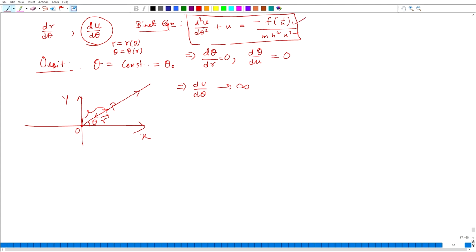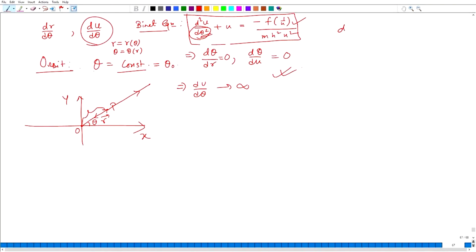It is blowing up. Theta is a constant and here the main variable is theta. You can then think whether you can come up with an equation with something like d2 theta du2 or d2 theta dr2 or d theta dr. Just try on your own.